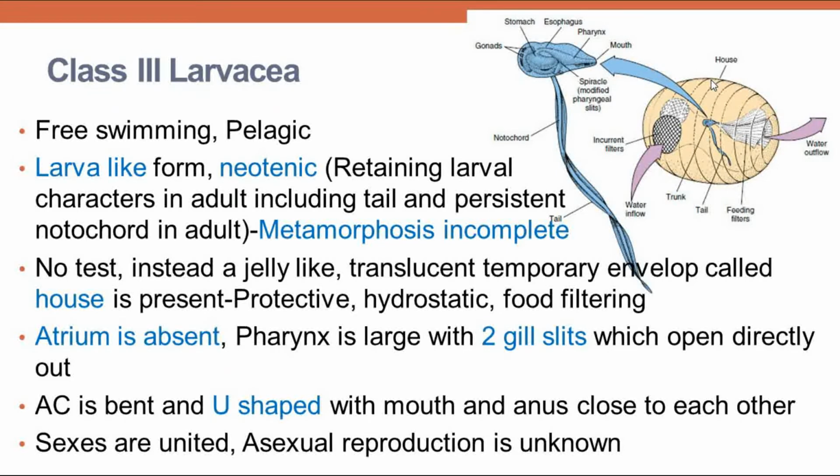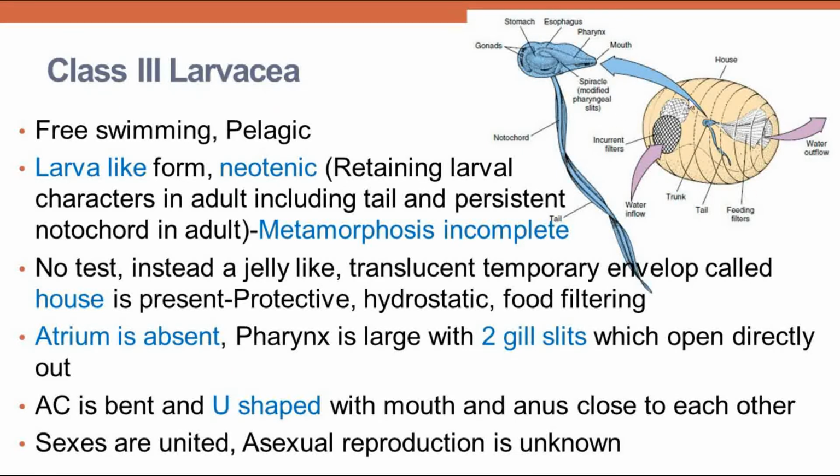Atrium is absent. The pharynx is large with 2 gill slits which open directly out of the body. The alimentary canal is bent and U-shaped, with the mouth and anus close to each other. Sexes are united. Asexual reproduction is unknown.